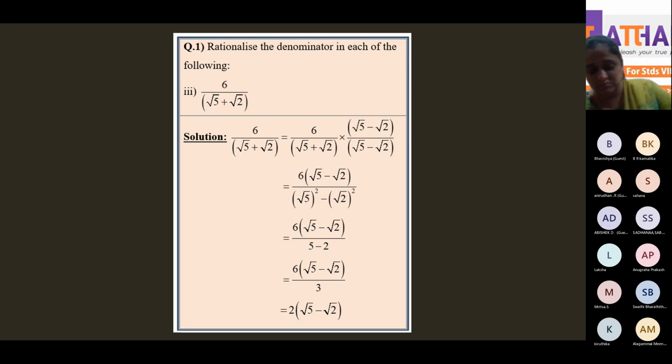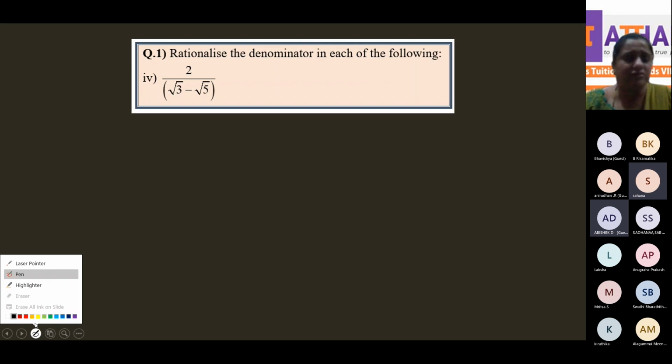Yes, ma'am. Now this is similar to this one, children. Try this. Have you finished this? Yes, ma'am. Okay, Abhishek, tell me the steps. Tell me all the steps.